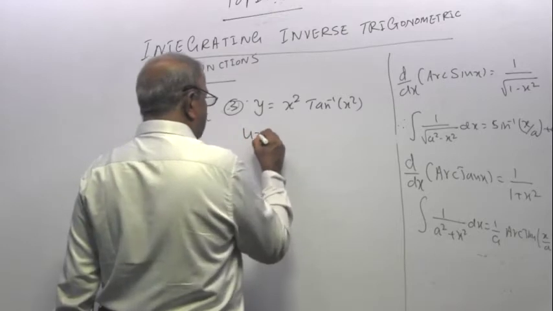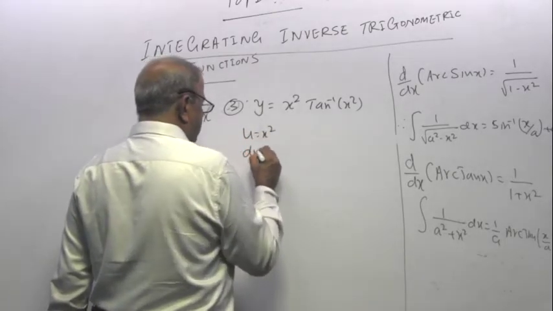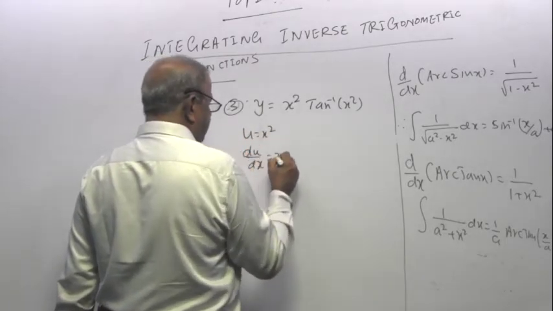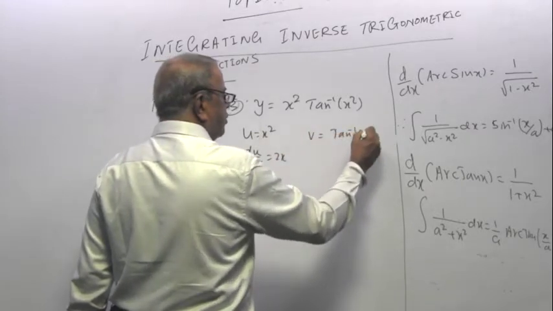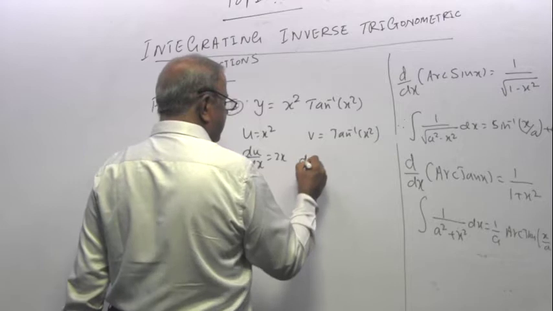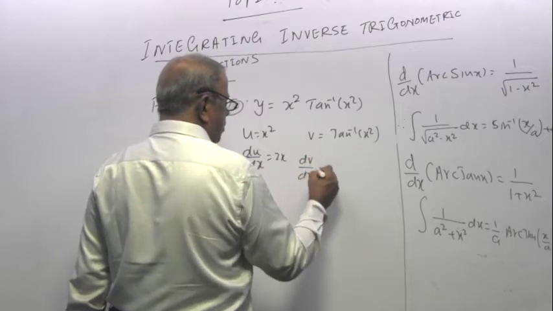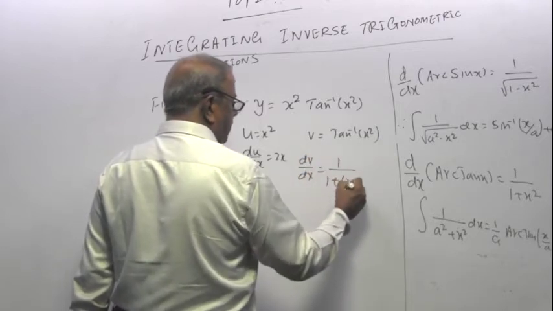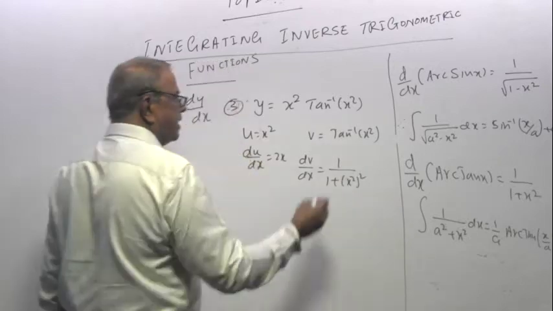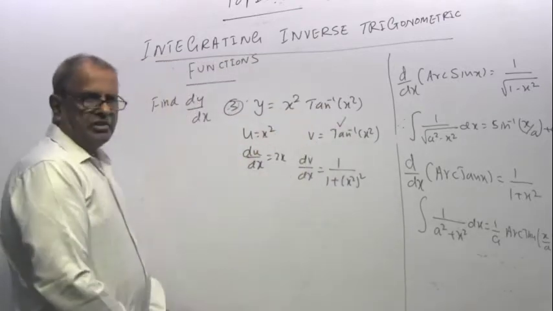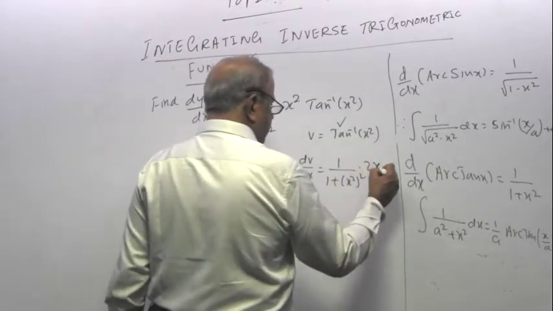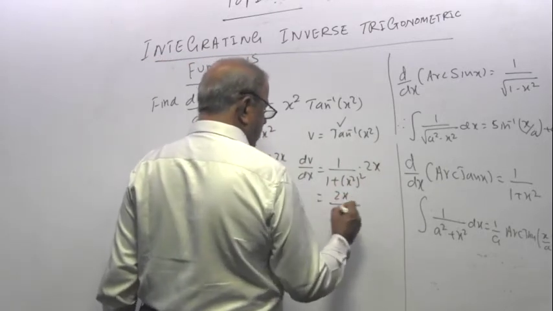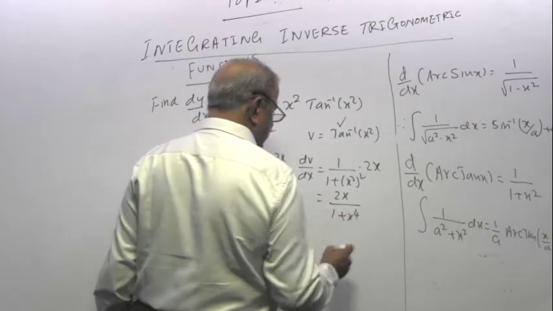So u equals x squared, so du by dx equals 2x. v equals tan inverse x squared. Please, you're doing differentiation, not integration. So dv by dx equals 1 over (1 plus x squared) the whole squared. That takes care of the tan inverse. And when I differentiate x squared, I get 2x. So it is 2x over 1 plus x power 4.